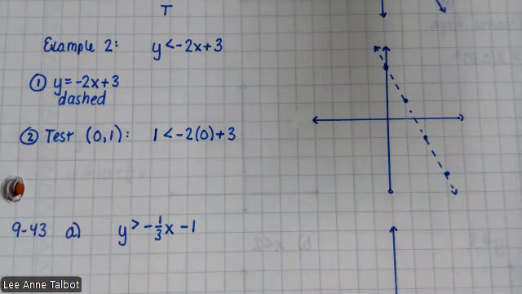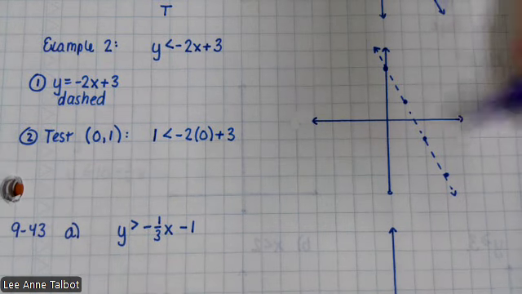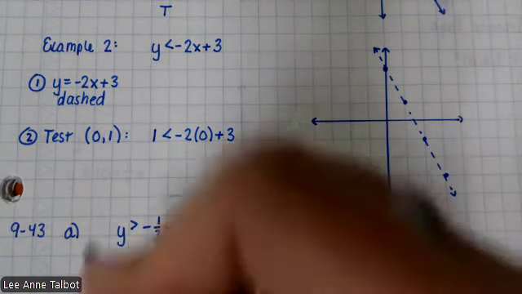I like how you guys picked easy numbers. I like to pick 0, 0 personally if I can, because I'm just that lazy. But you can also put like 10, 10. You can pick anything, just as long as it's not one of these.